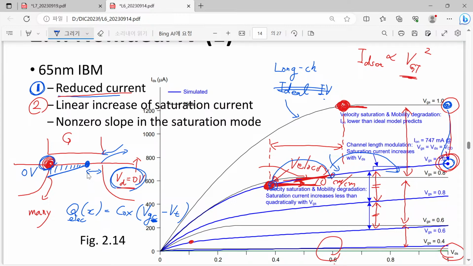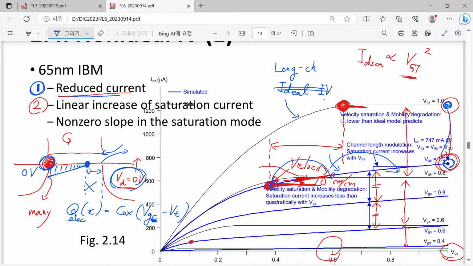Then maybe the natural question is, okay, professor, here we have no electrons, but how can we have current conduction? This is just disconnected, electrically isolated. No, it's not. Here we have a really high electric field.